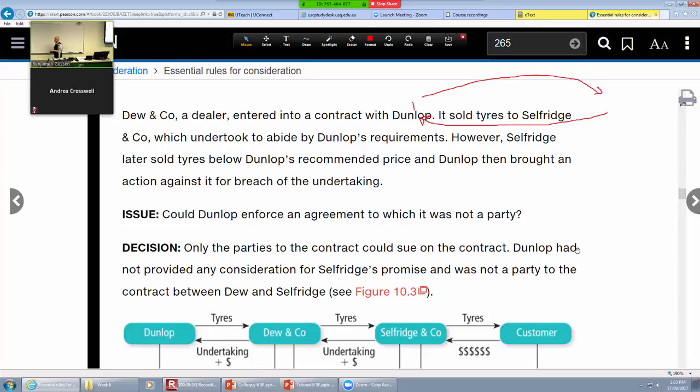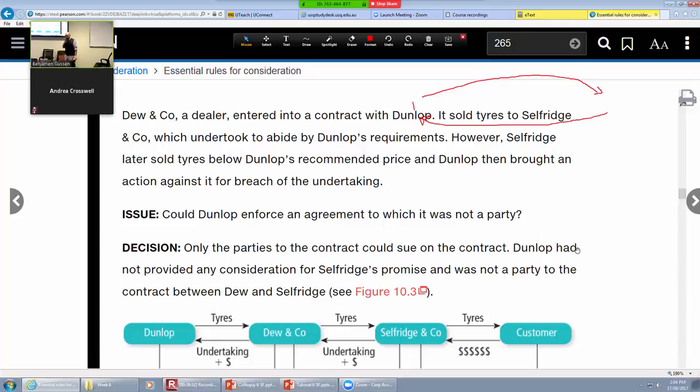So they gave a promise, this promise, and they broke it. So when they sold to the customer, they sold under the manufacturer's recommended price. So the manufacturer brought an action against this last retailer, Selfridge, okay, for something called breach of contract. That's what we call the cause of action.